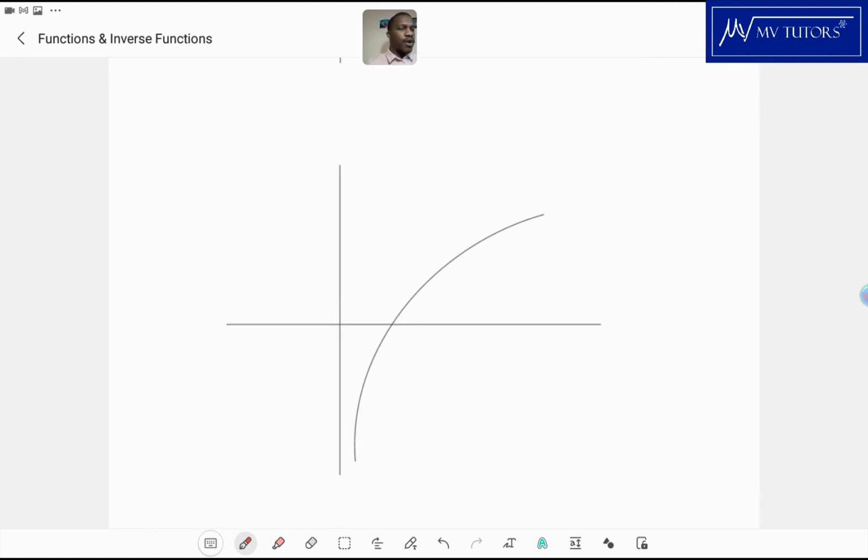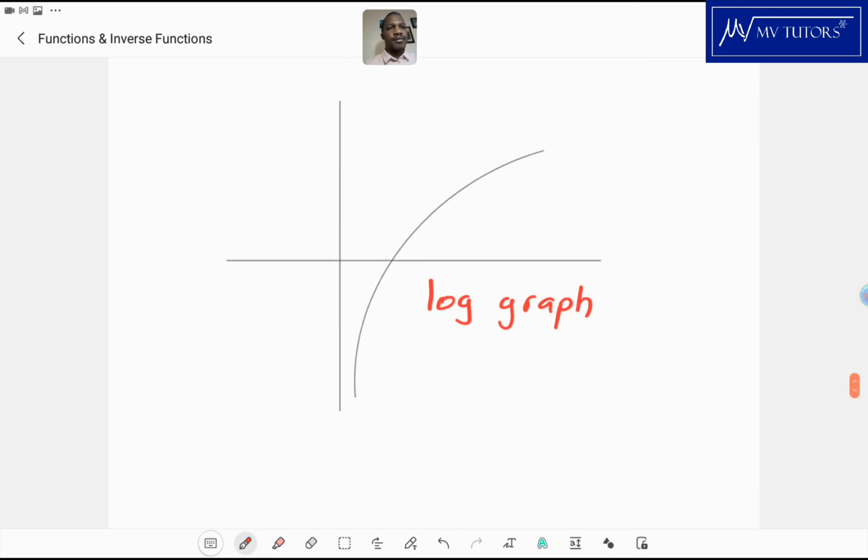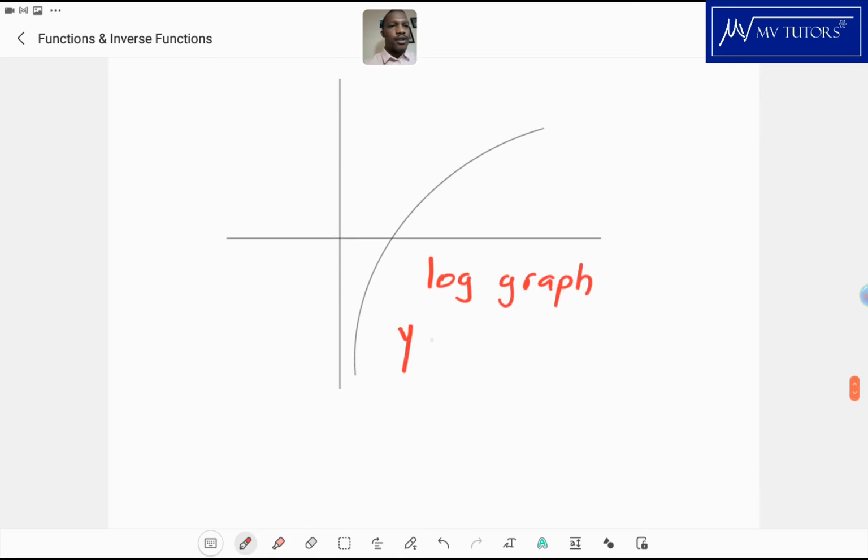So this one is what we call a logarithm, a log graph, or a logarithmic graph. I'm just going to call it a log graph for simplicity. And the formula is y equals log with a as the base and x right there.